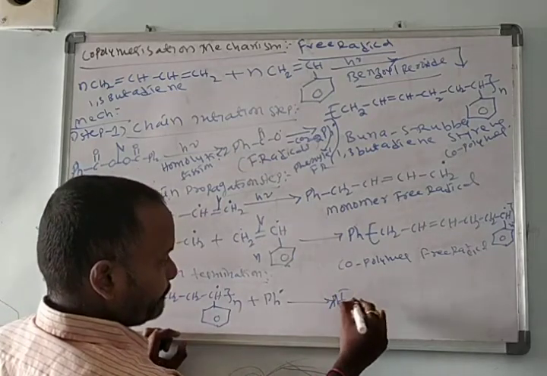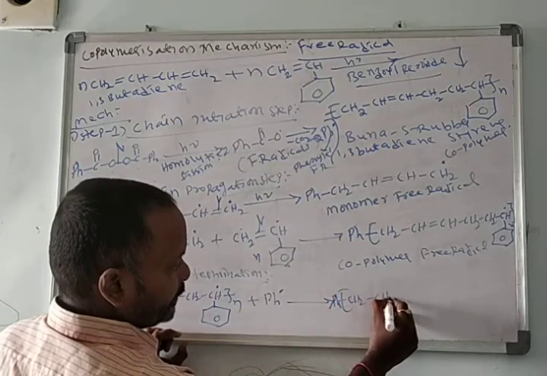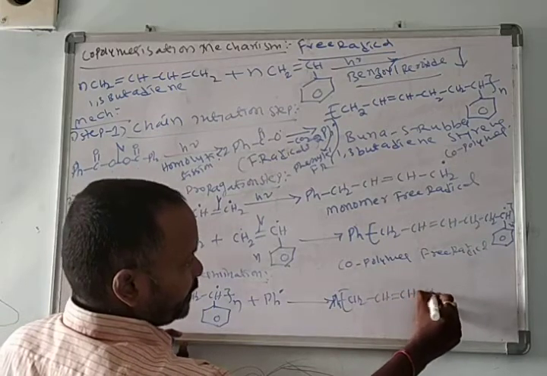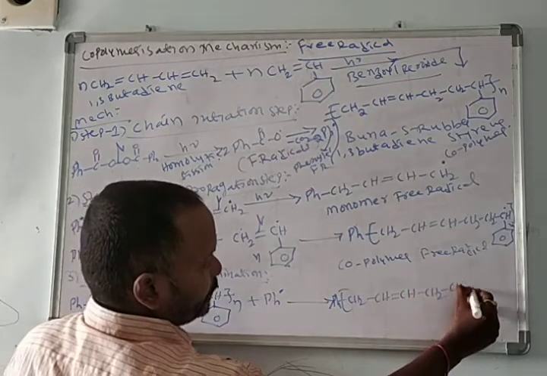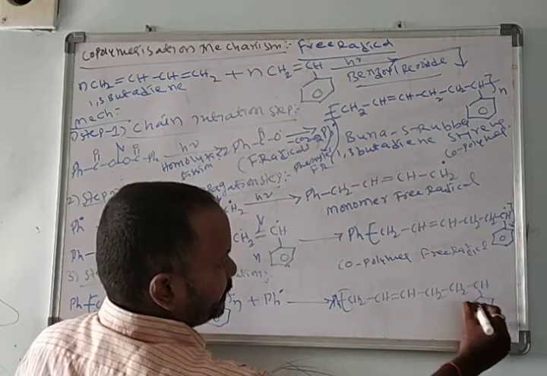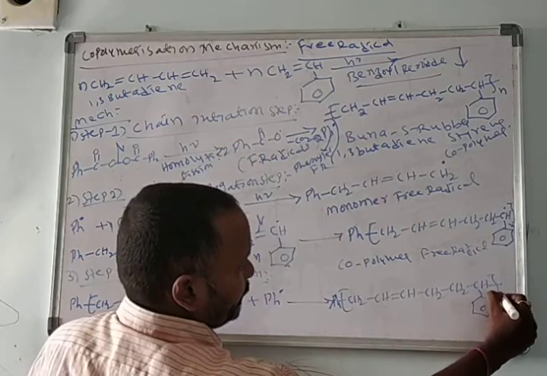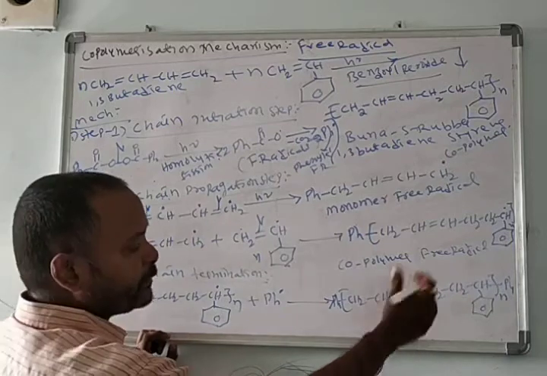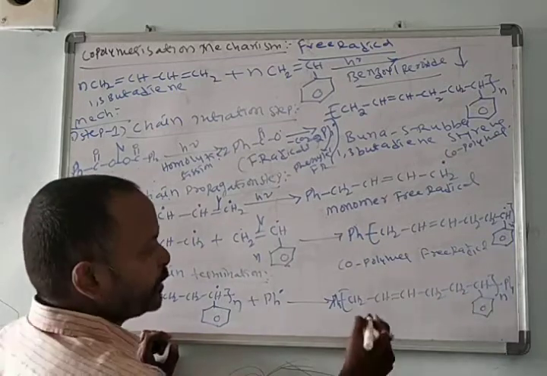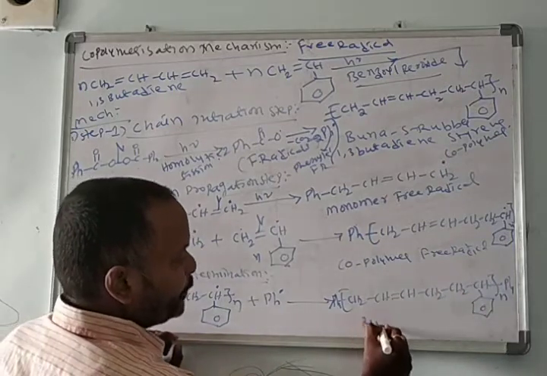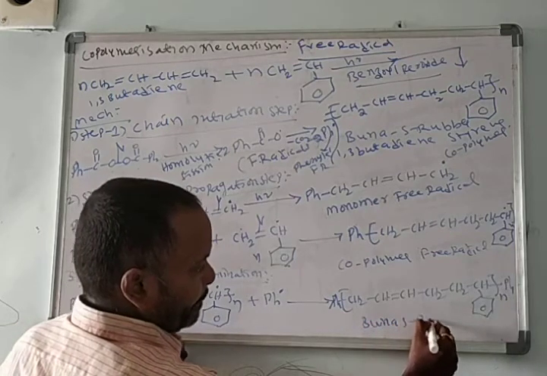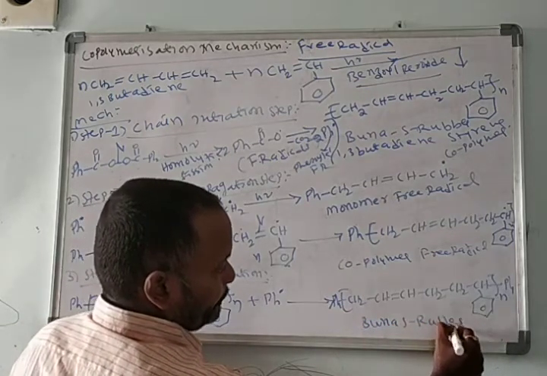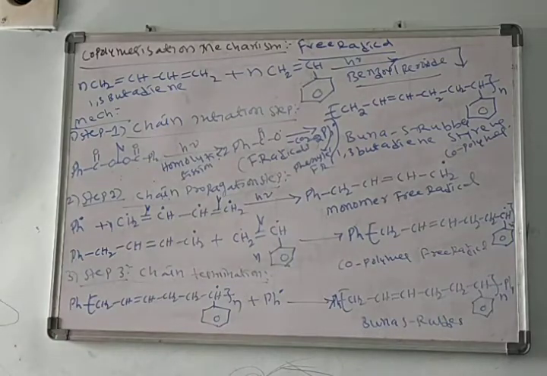Ph, CH2, CH double bond CH, CH2, CH2, CH, phenyl group, n times, Ph. Just by heat, the phenyl group is removed. This we call Buna-S rubber. Here we get Buna-S rubber.